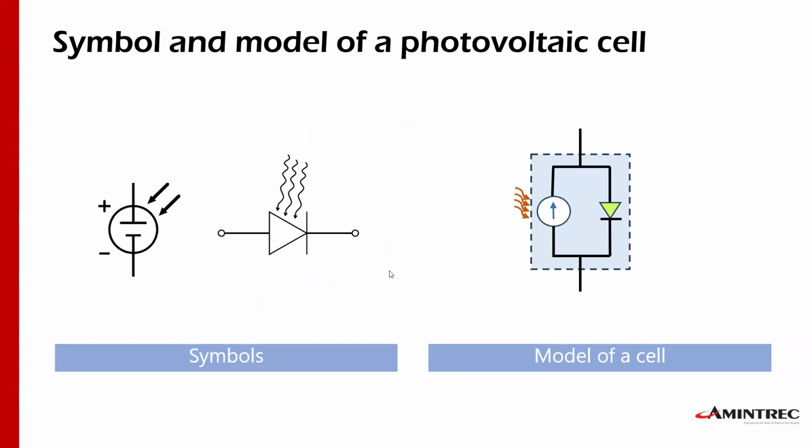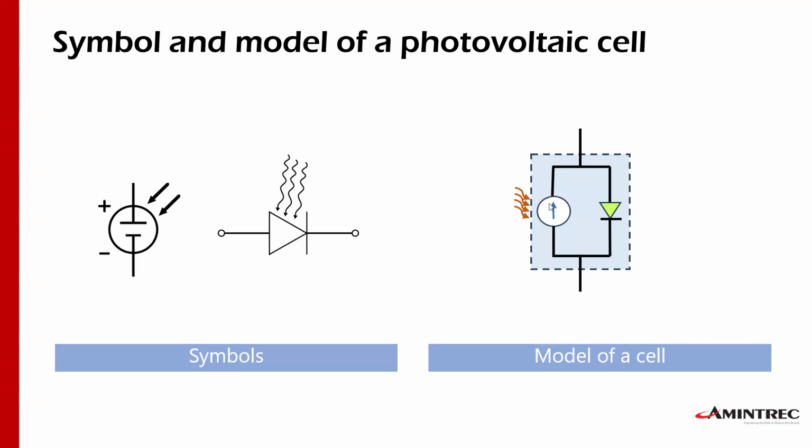Now, before we start the analysis of the elements, we should be familiar with the symbols. We can use these two symbols to represent a photovoltaic cell, the unit, not the panel, just the cell. A panel is made out of many cells, and this will be the model of a photovoltaic cell, which has two elements.